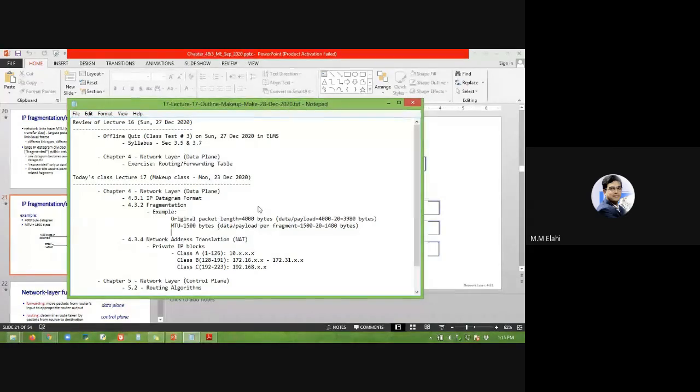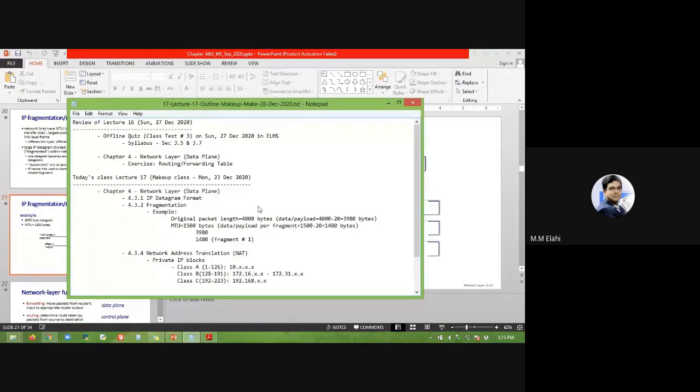Now we can calculate in this way. 3980 bytes need to be transferred. So in the first packet we can carry 1480 bytes, right? So not packet, it is fragment number 1. I can write like this.